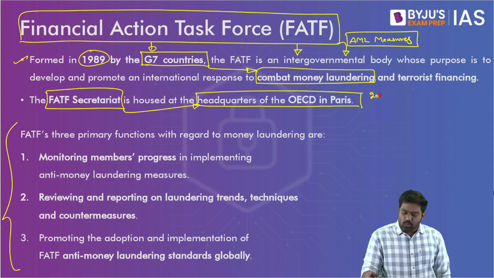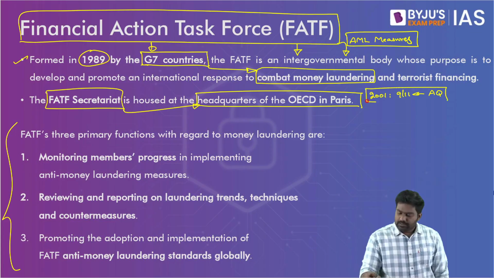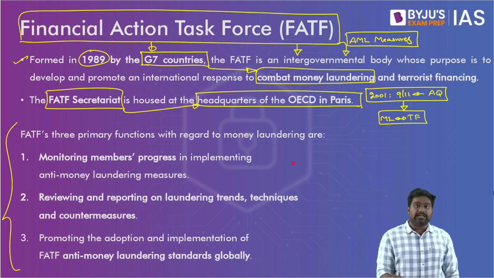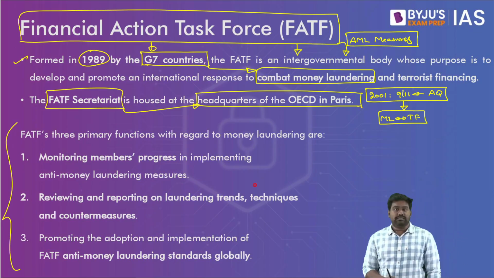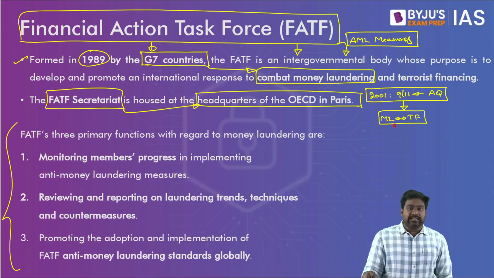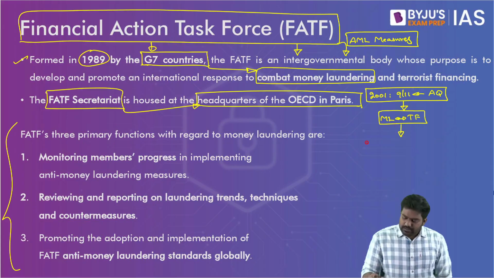In 2001, when the 9/11 attacks happened, which were carried out by Al Qaeda, it exposed the direct links between money laundering and terrorist financing. Because the money used for the 9/11 attacks was moved through Hawala transactions and through money laundering channels. So, following the 9/11 attacks, FATF was given a second objective.